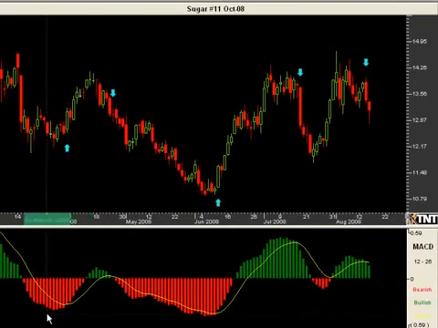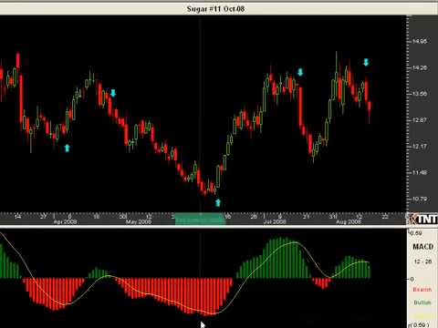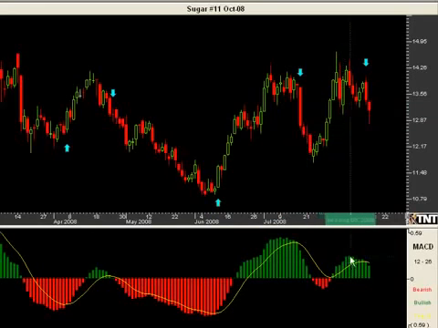Back here, you can see that MACD was already heading higher, and then prices followed suit. Same thing here, MACD started to curve up higher, and then prices a few bars later followed suit. Here, MACD was starting to put in a top, and then whoosh, we got a big move to the downside. And here as well, we started putting in a top, and now prices are starting to follow.